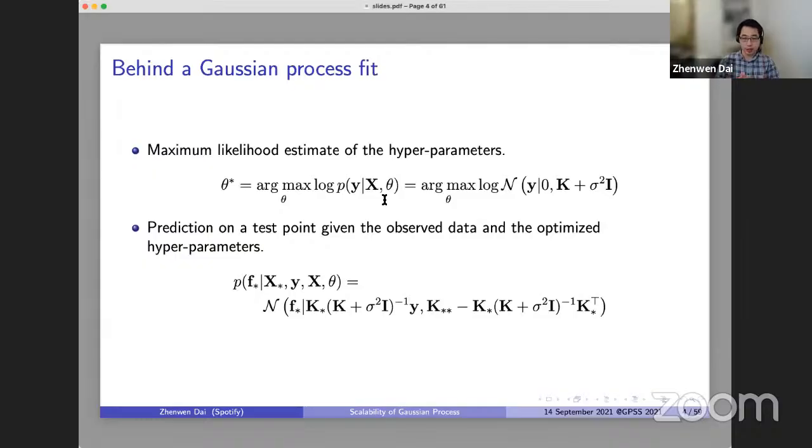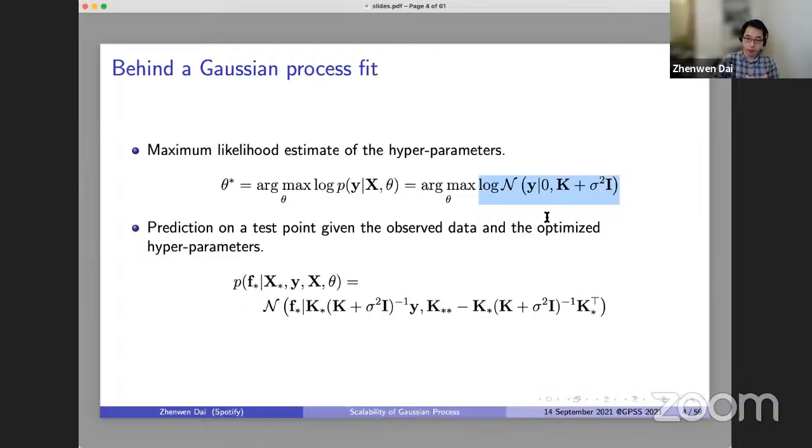In particular, in these cases, we denote all the model hyperparameters as theta, which involves sigma square, which is the noise variance, and any hyperparameters inside the covariance matrix calculation inside of K. A maximum likelihood estimate of the hyperparameters can usually be written as: let's find the set of hyperparameters theta that gives us the highest log likelihood.